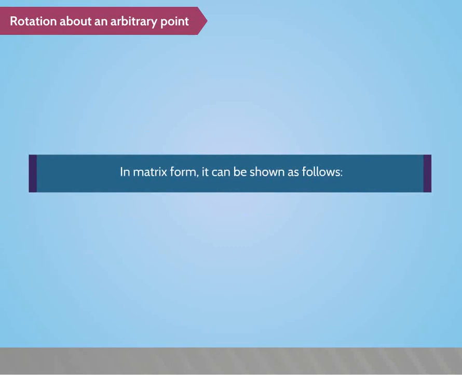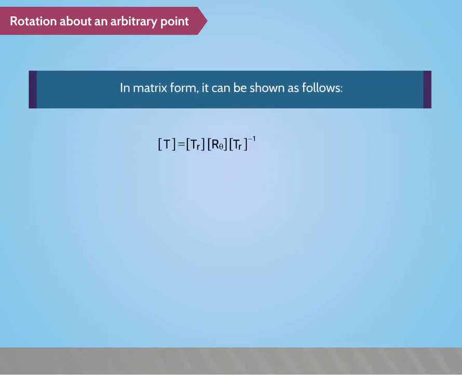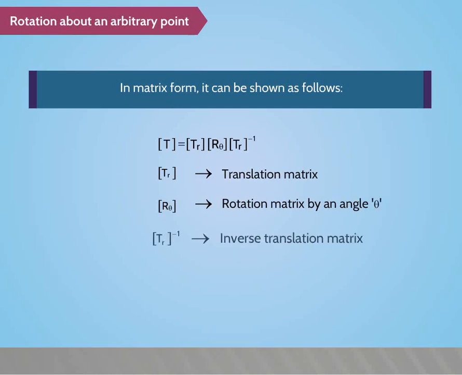In matrix form, it can be shown as follows. T is equal to TR into R theta into TR to the power minus 1. TR implies the translation matrix, R theta implies the rotation matrix by an angle theta, and TR to the power minus 1 implies the inverse translation matrix.